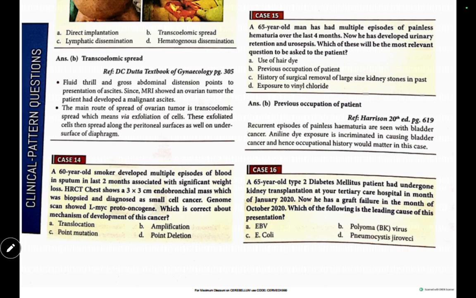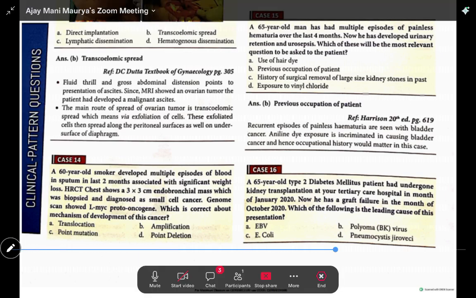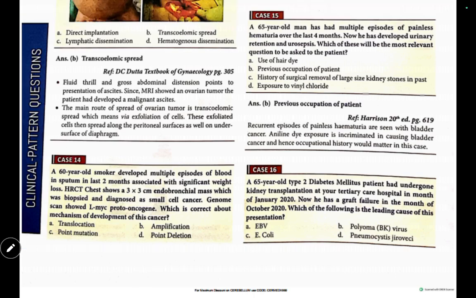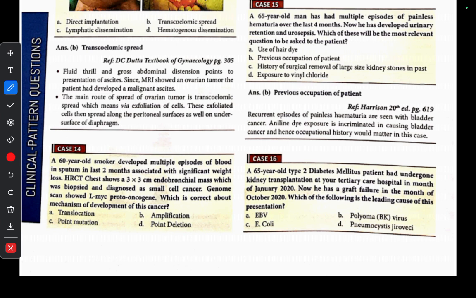January 2020, and again he comes back in October. So how many months are here? It's almost more than 6 months here. Okay, na? So it's going towards your polyoma BK virus. Okay, polyoma BK virus. Done.